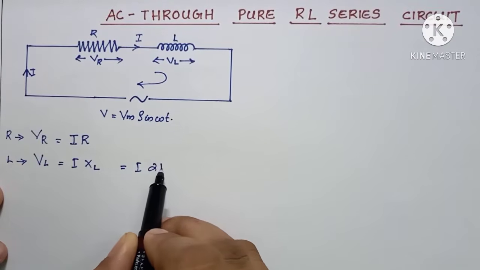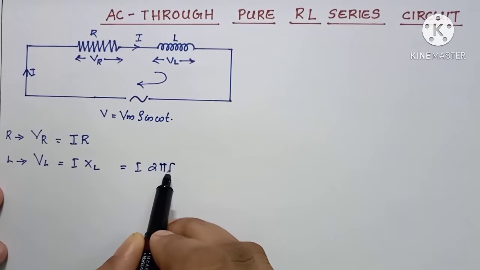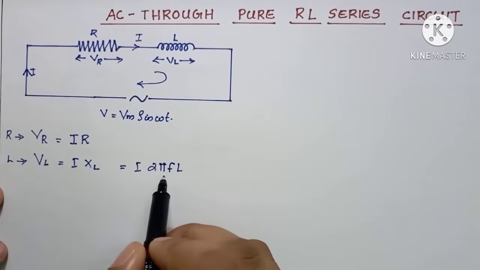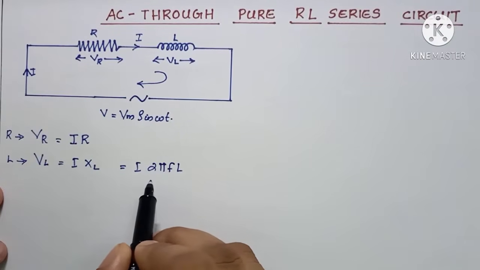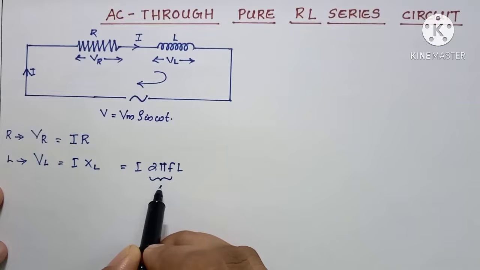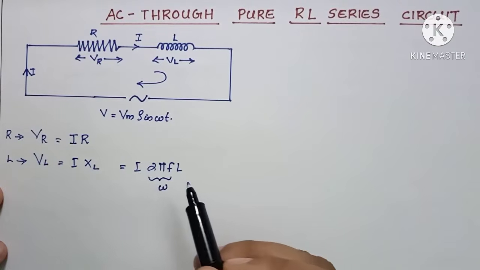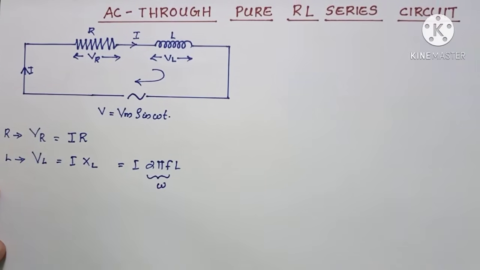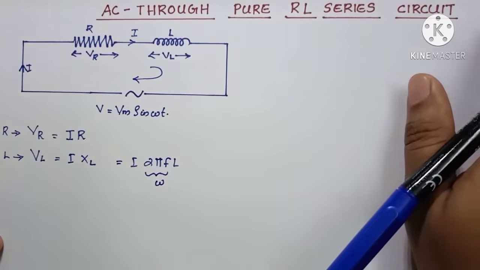Okay, value of XL will be 2 pi FL, or we can say omega L, and omega is this 2 pi F. Omega will be related with the frequency.